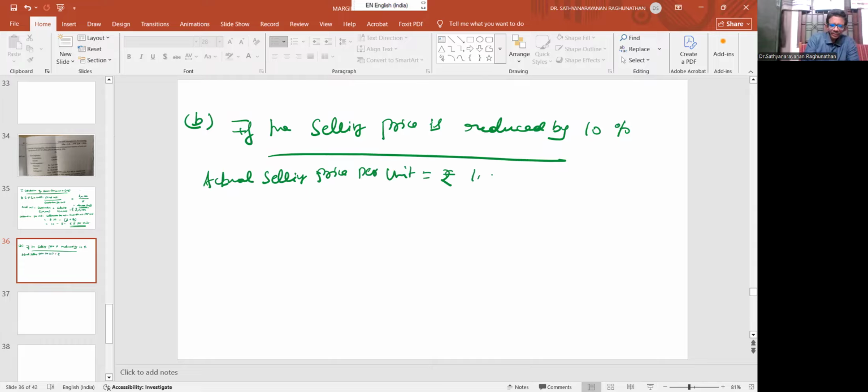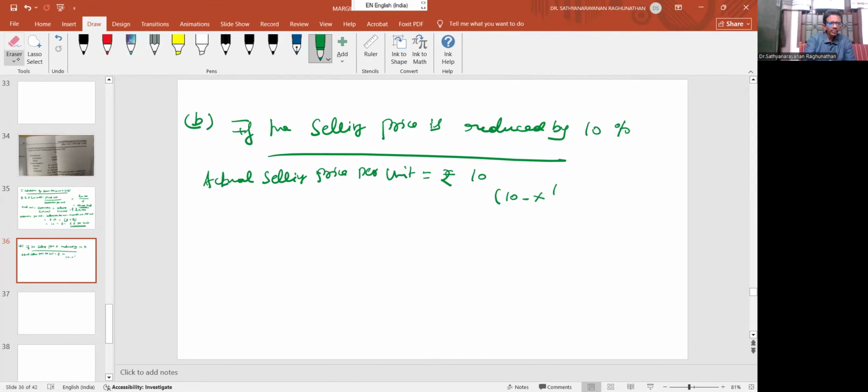If it is reduced by 10%, 10 minus 10 into 10 by 100.